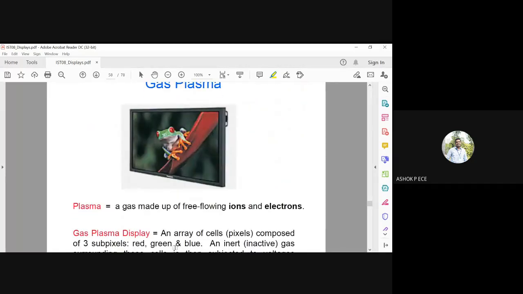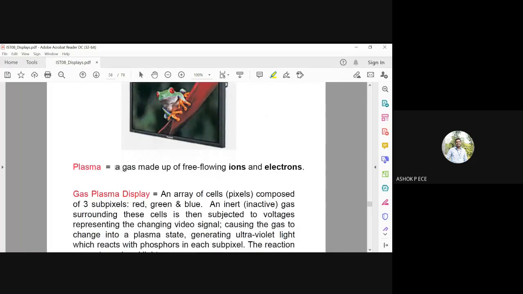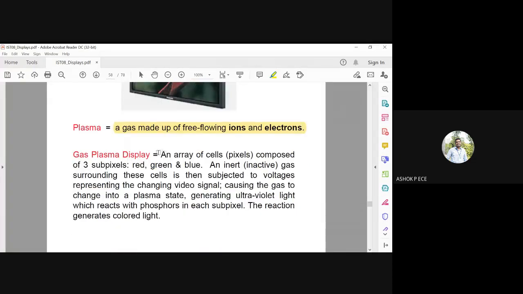Now, gas plasma display. So the next type of display is going to be the gas plasma display. Okay, plasma is a gas made up of free-flowing ions and electrons. The gas plasma display is again a matrix array of pixels composed of three subpixels, red, green, and blue. You know the primary colors are red, green, and blue.